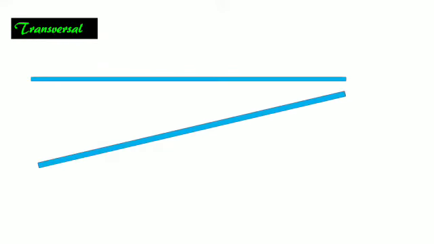Let us understand more clearly. Okay. Now we see what is a transversal and what happens when it cuts two intersecting lines.